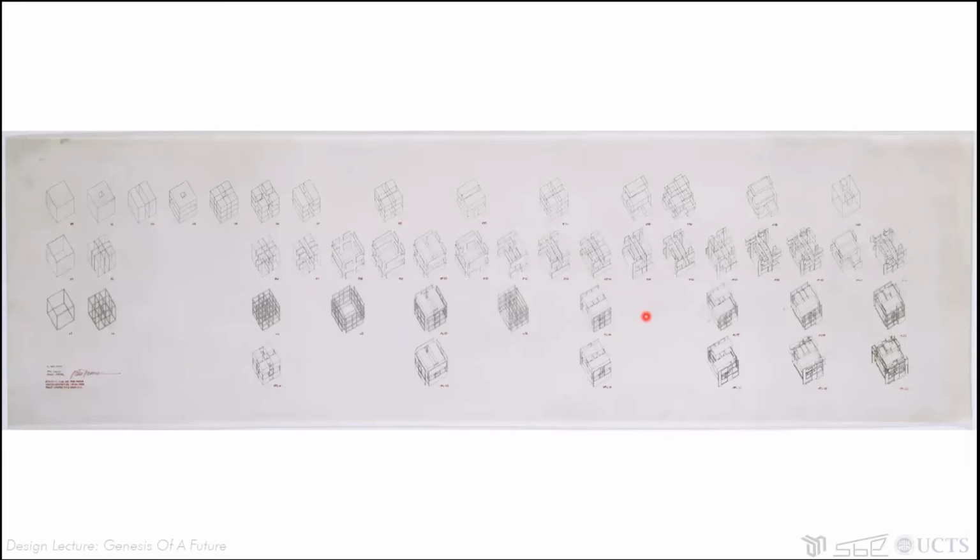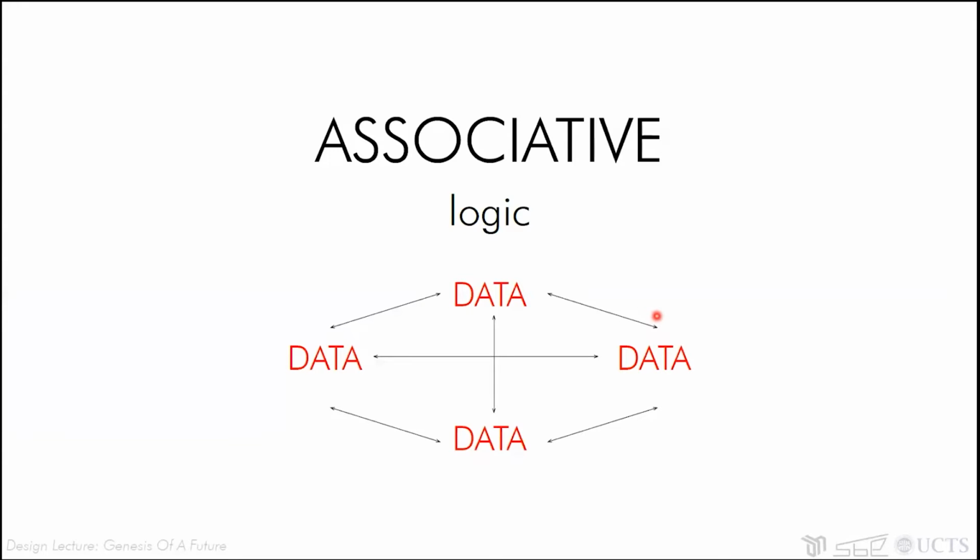You of course have a draft person to do it, but what you should be presented with are design options that could potentially be optimized for a solution to your client and to an environment in our context nowadays. So these are just some examples of associative logic, how data relate to each other in a direct way and an indirect way.